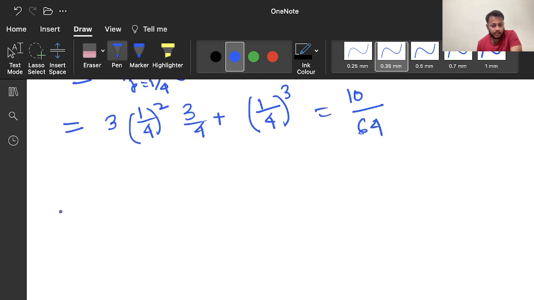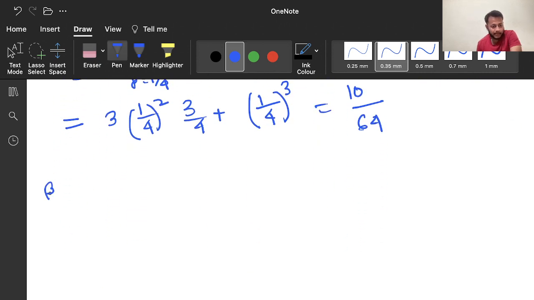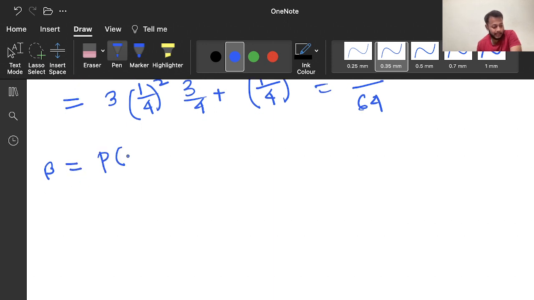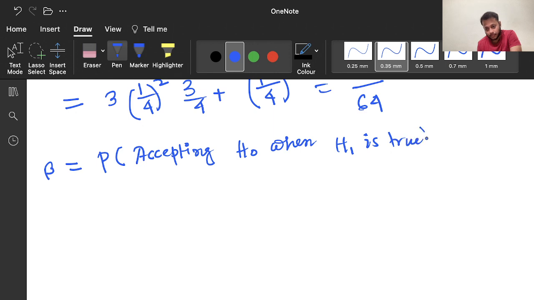Now what is the second kind of error? The type 2 error is accepting H0 when H1 is true. So P is 3 by 4, and we accept if x equal to 0 or x equal to 1.